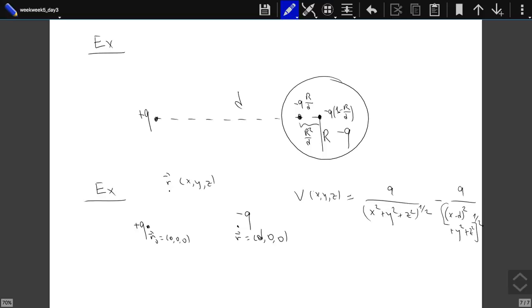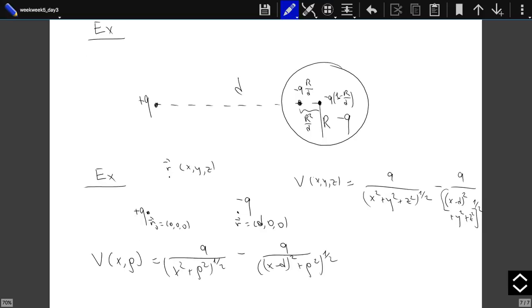Well, I don't need to worry about y and z separately because it only depends on y squared plus z squared. So the potential at the point x, rho is q over the square root of x squared plus rho squared, minus q over the square root of (x minus d) squared plus rho squared.